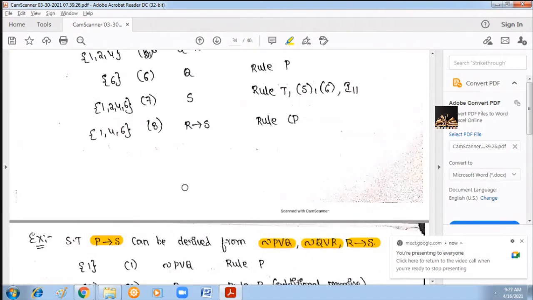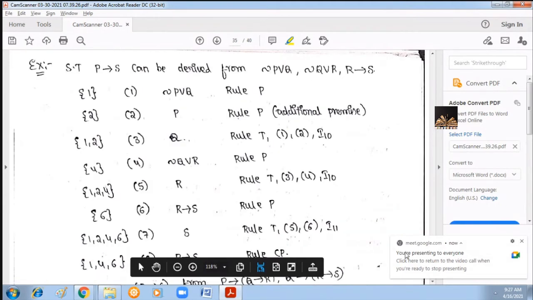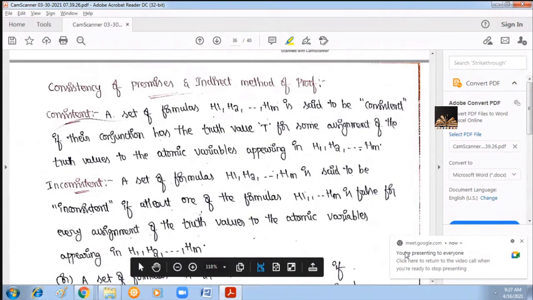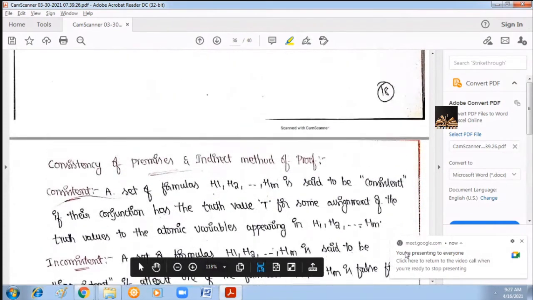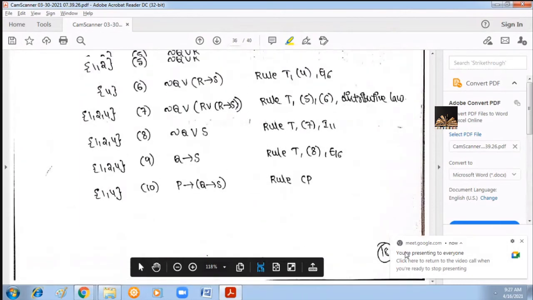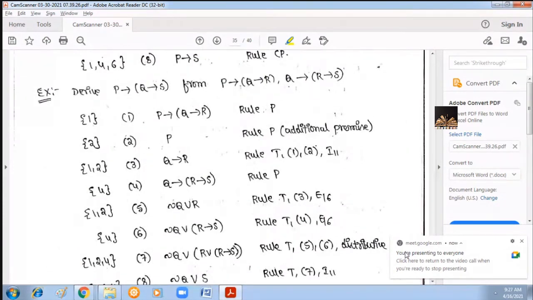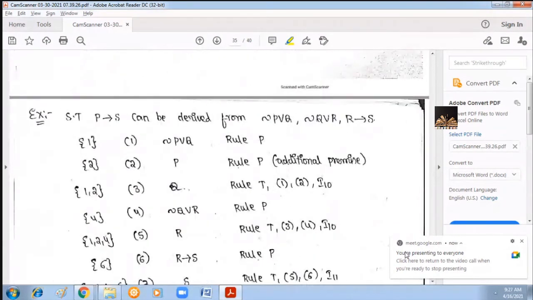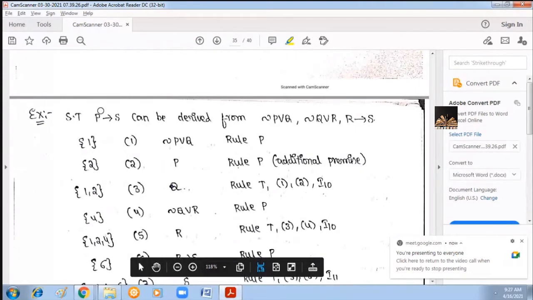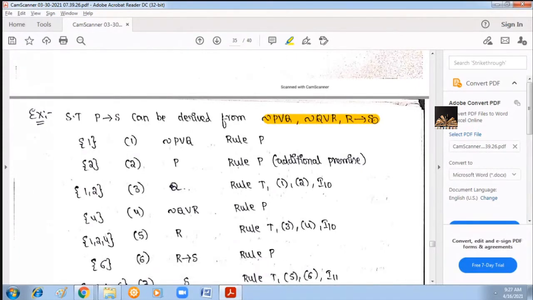Which means that if you are able to derive S from P and this set of premises, you can say that P tends to S is derived.